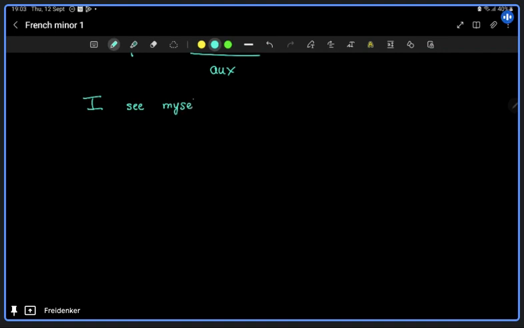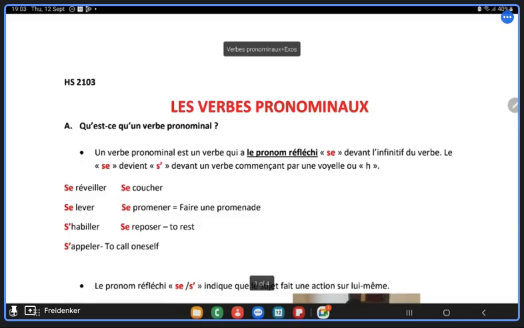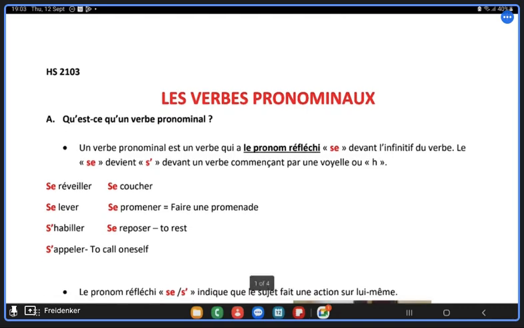In English we call myself, yourself, himself, they're all reflexive pronouns. So whenever such English sentences are there, in French we will use les verbes pronominaux. You'll get some clarity in a while. First we'll look at the rules, how do we deal with les verbes pronominaux.